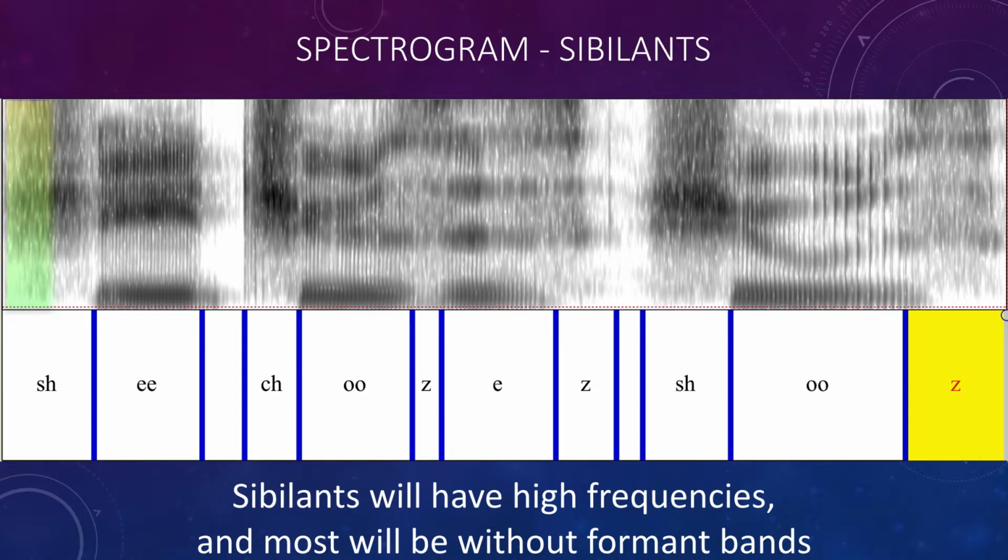Notice that the low formant bands are missing for all the sibilants except for Z, which is a voiced sibilant. Also notice that most of the sibilants have stronger high-frequency content than the vowels. There are other non-voiced sounds like f and th that will have similar characteristics. These are all identifiable on a spectrogram.